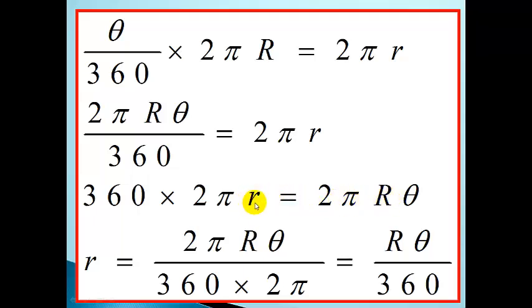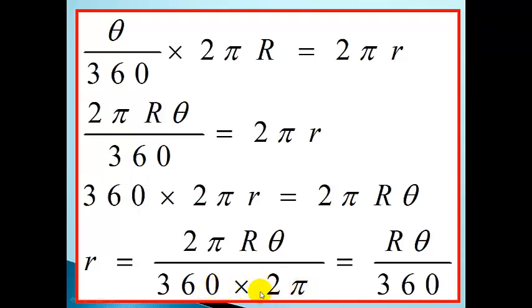We are solving for the base radius, that is r, which means that we have to divide the left hand side by 360 times 2 pi, and we also divide the right hand side by 360 times 2 pi. So we have r on the left hand side equal to 2 pi r theta divided by 360 times 2 pi.